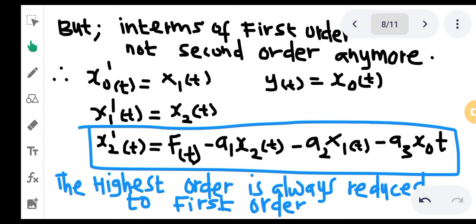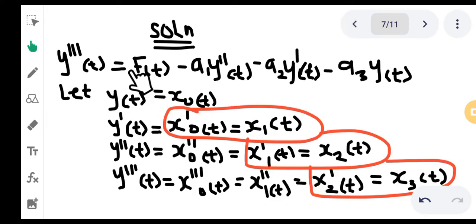After that we are almost done with the question. It's just a matter of making a substitution. We made my y prime prime of t stand alone, and we had f of t minus a1. So here, where's our y prime prime? It is equivalent to x1 prime of t, and it is equal to x2 of t.